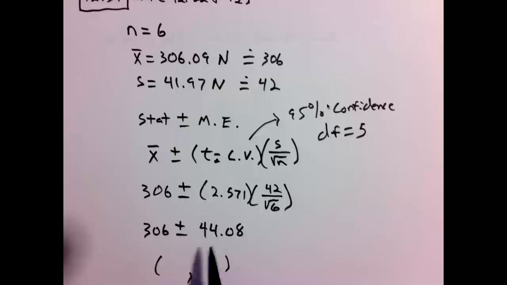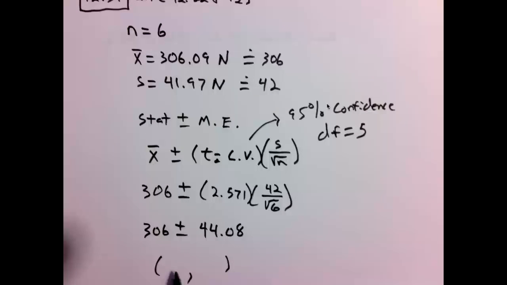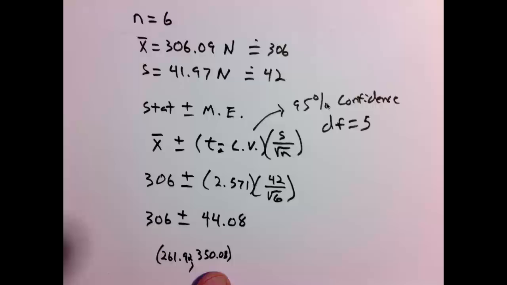We'll do 306, subtract that number, that's 261.92. And 306 plus that number would be 350.08. So 261.92 to 350.08. That's an equivalent way to express that interval.